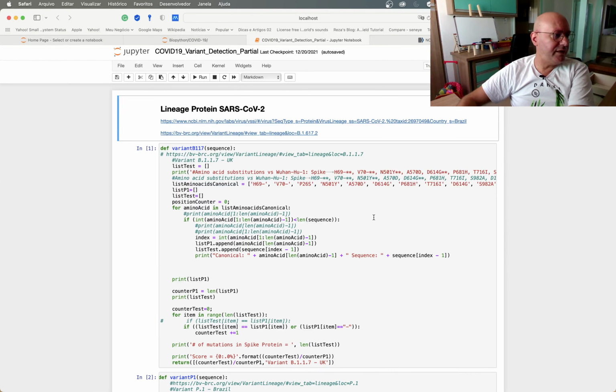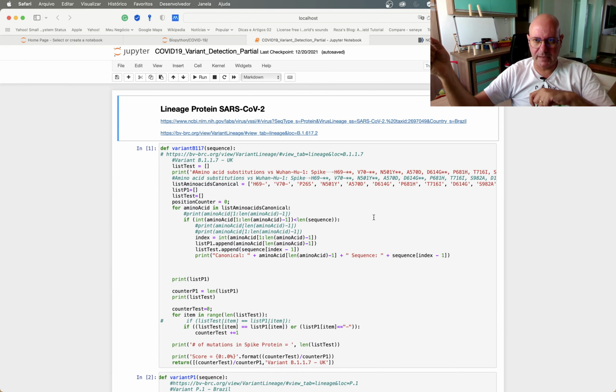So that's what I need to compare. I will have a percentage, and the biggest percentage will tell me which variant we are talking about. Sometimes it's not classified. You see a lot of unclassified, or you see a predominance of a variant. Okay, so let's test some here.